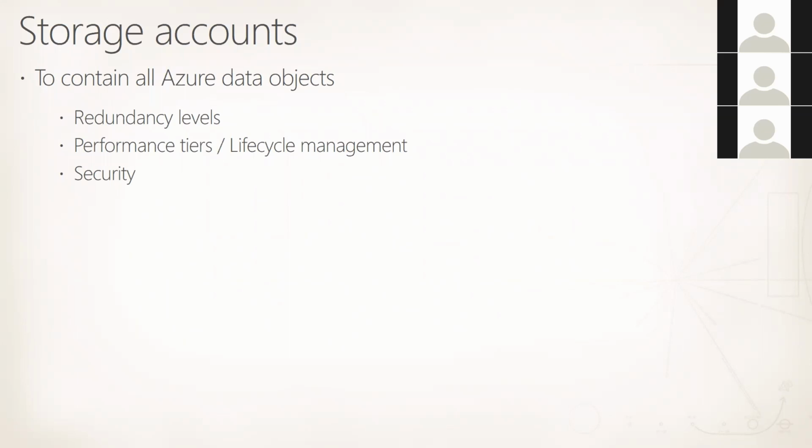Otherwise, if we had it in an on-premises environment, we would have to have the backup, or create our own copies. But here, Azure will automatically copy its content to different regions. So that's what redundancy level means.